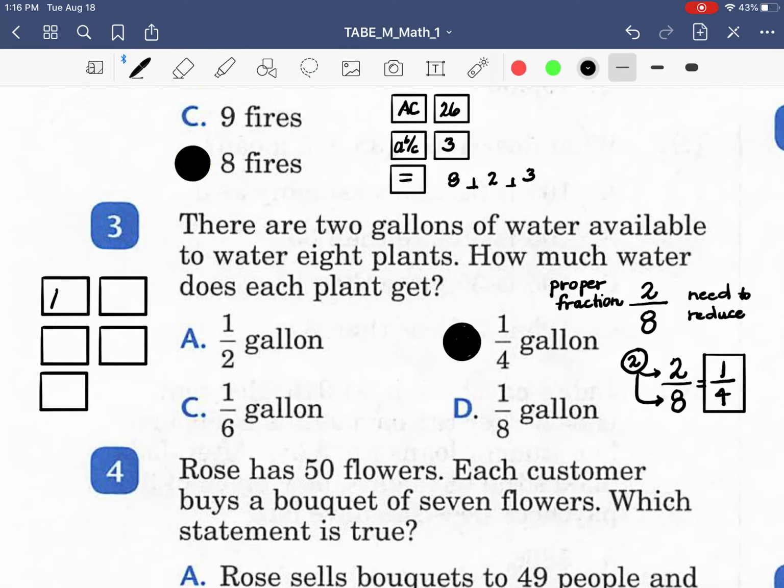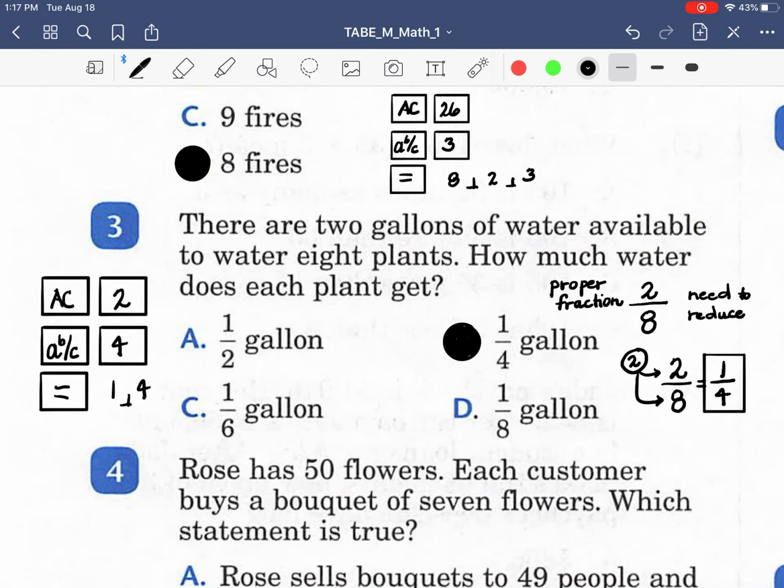Because when you put that 2/8 into your calculator, so you would say all clear, 2 ABC 8 equals, it's going to give you that reduced form right off. So the calculator will do that one with no problem.